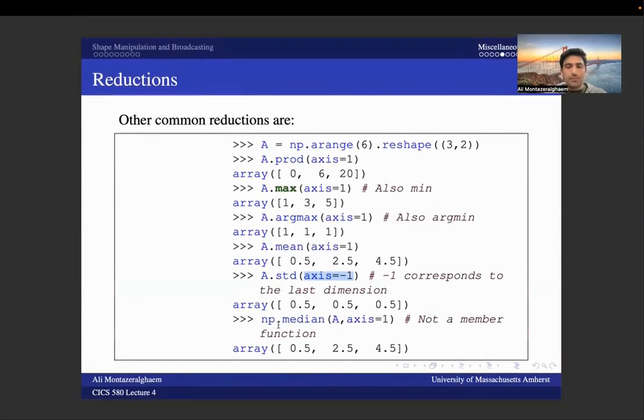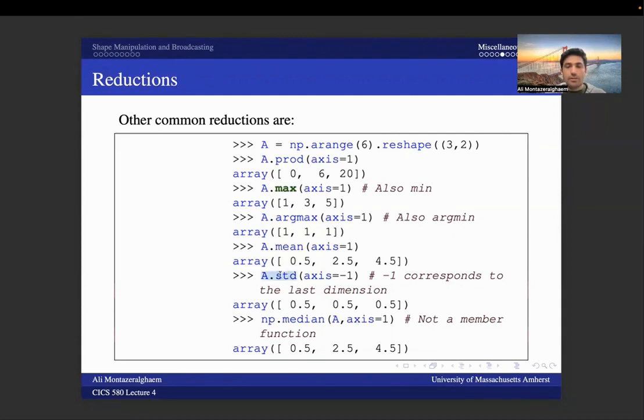And also NumPy has some other functions that you can use. For example, NumPy has a median function. You can use this function by just calling np.median and then passing the matrix that you want to compute this statistic on, and then passing axis as another parameter to the function. So the syntax is a little bit different from the previous functions that we saw.